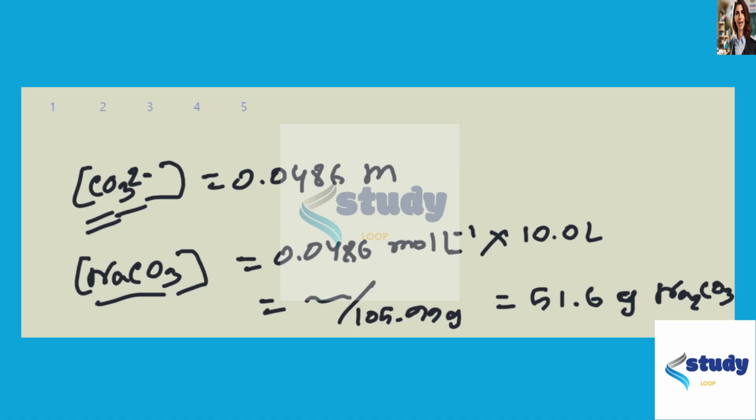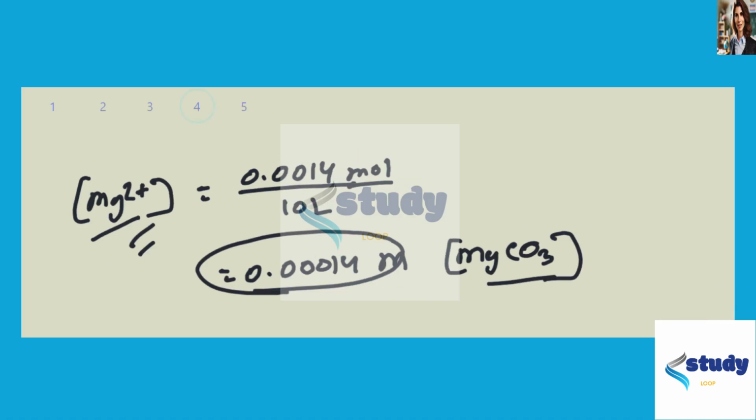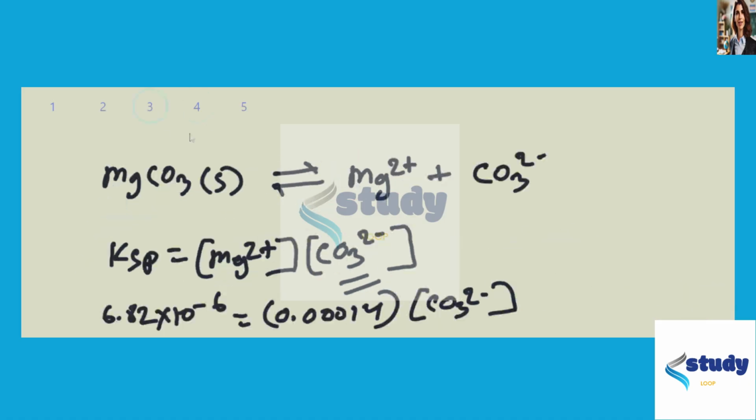So here we have Na2CO3. That's how we are finding the mass of sodium carbonate required. Once again, what we have done here is find the concentration of the carbonate ion from the Ksp expression of magnesium carbonate.